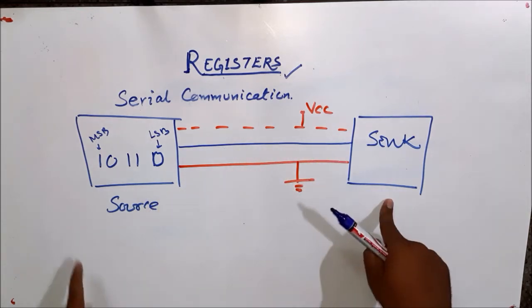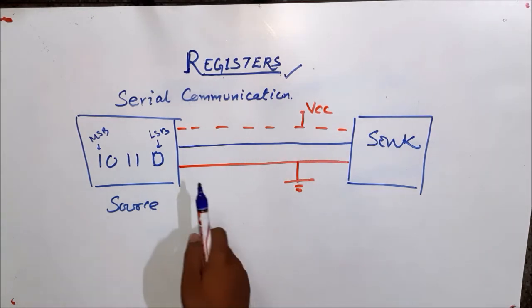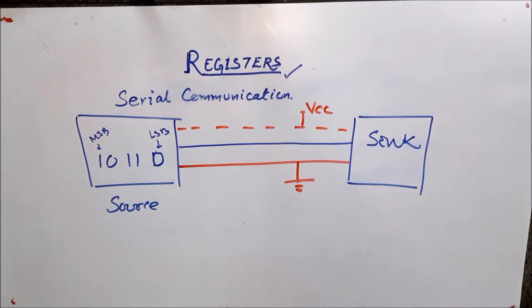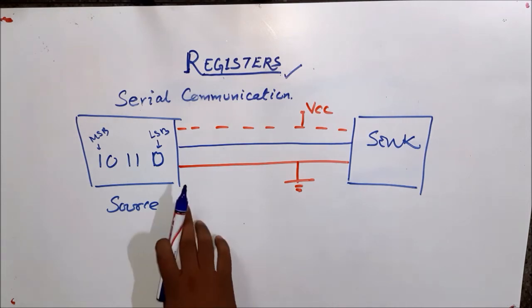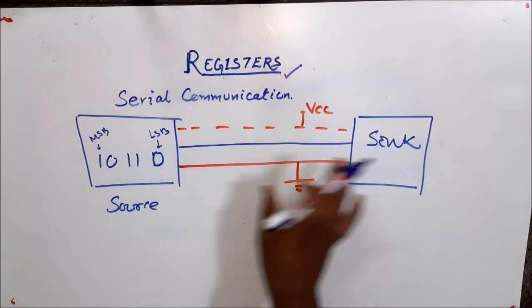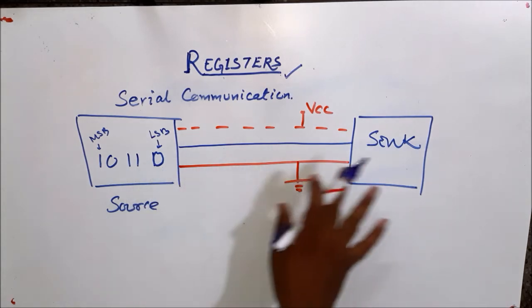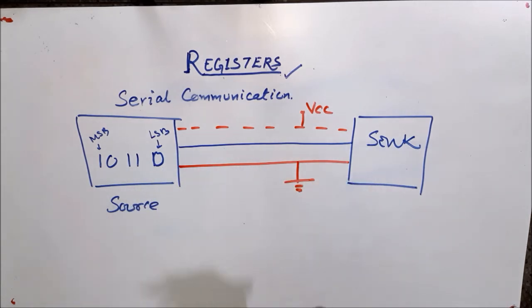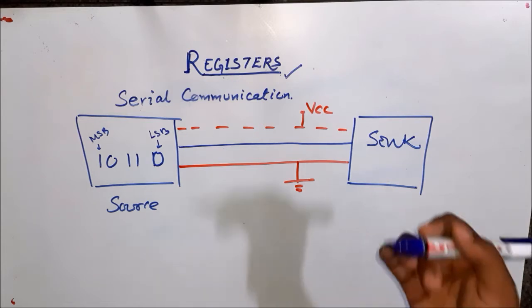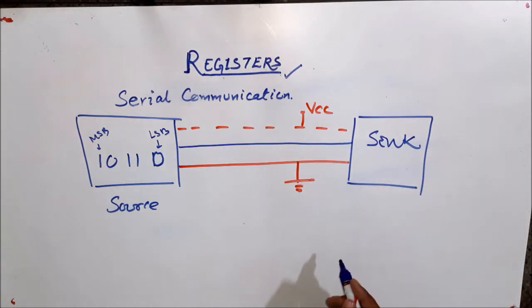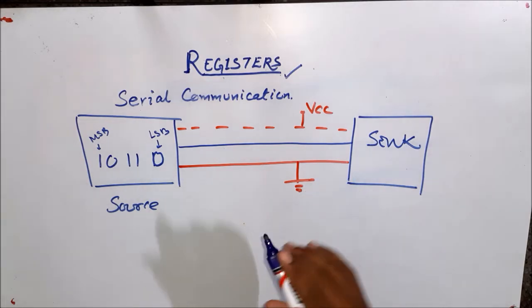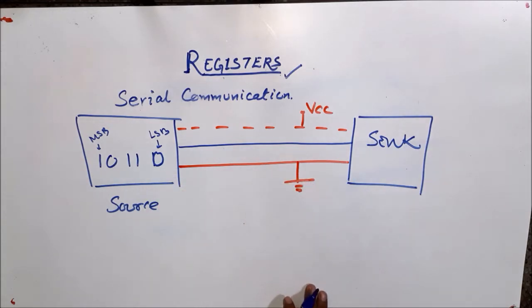This source and sink are both handshaked with a common line. This VCC is sometimes needed, sometimes not needed. But when both circuits are connected to a common ground line, they both understand whatever data needs to be sent, because there is a basic reference value that is called the ground line.